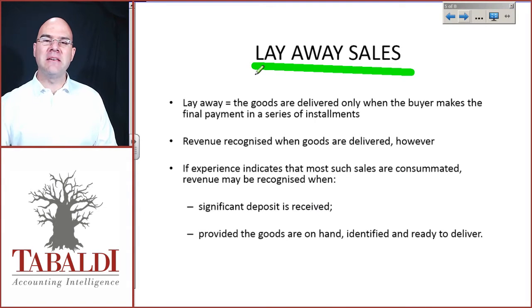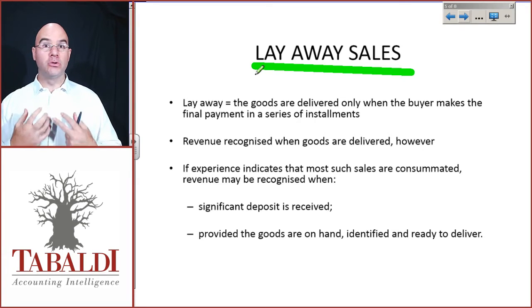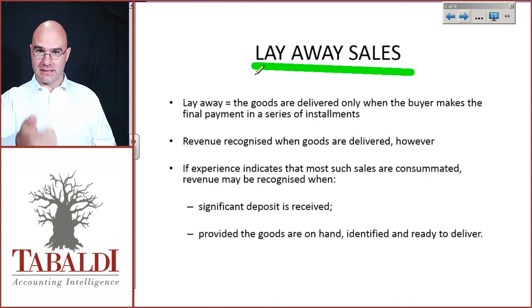Layaway or lay-by sales. Here, ladies and gentlemen, you've got to understand the payments and legal terms around this. Okay, in a normal credit sale, I, as the seller who is recognizing revenue, will sell to my buyer on credit. The buyer will accept the invoice or the billing and take the product straight away and then pay me off over 30, 60, 90 days.